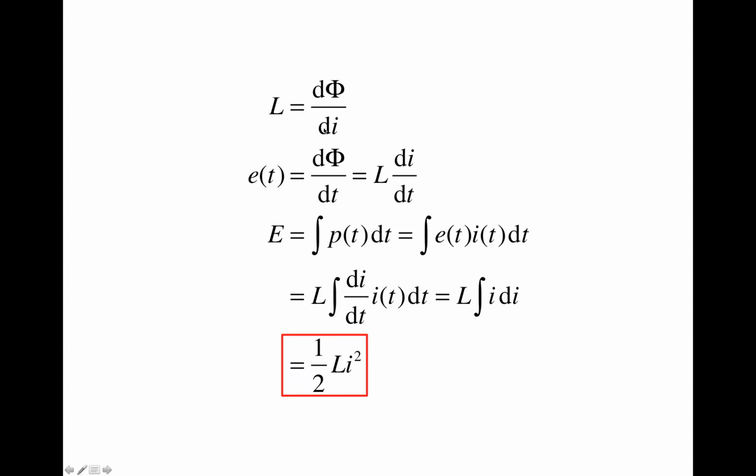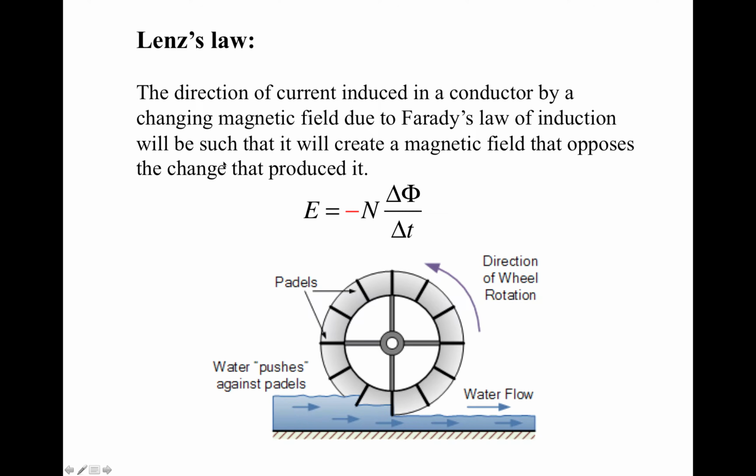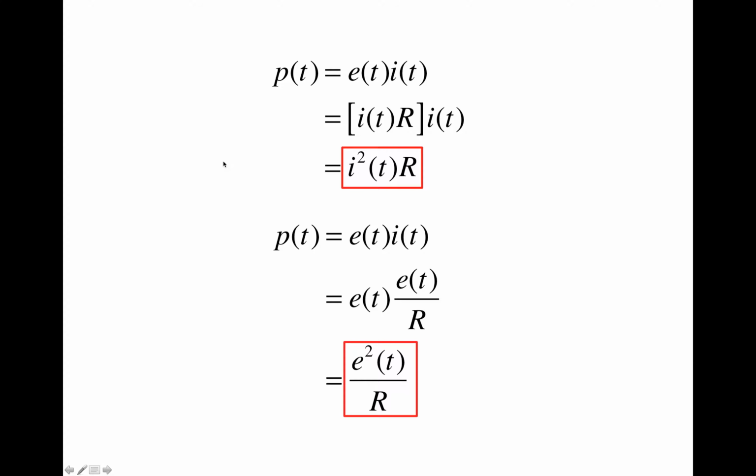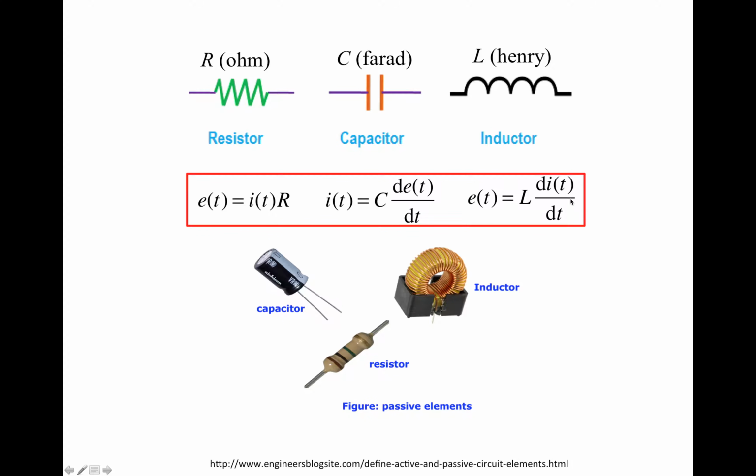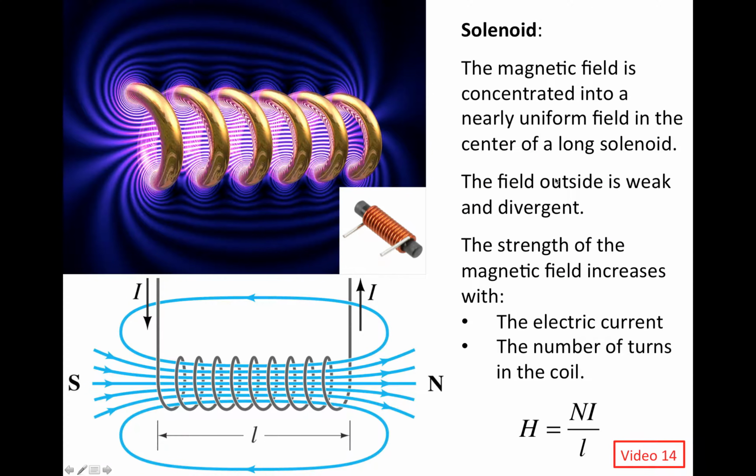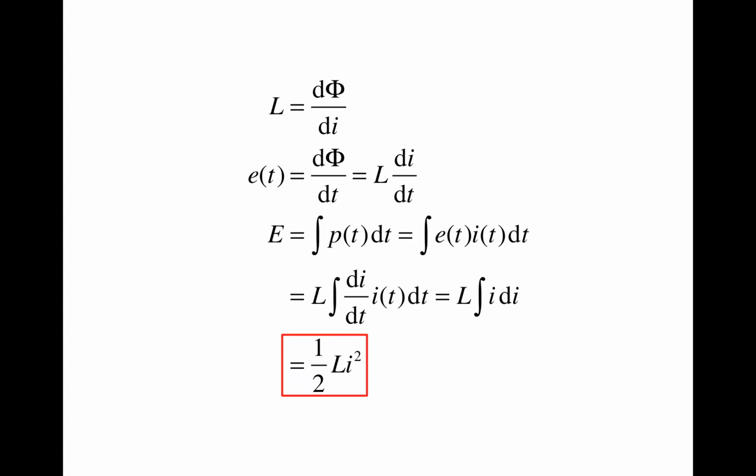So once we bring dΦ = L di into this equation, voltage equals inductance times di over dt. This is exactly the inductance equation that we have seen in a previous slide: voltage equals inductance multiplying the temporal derivative of the current.